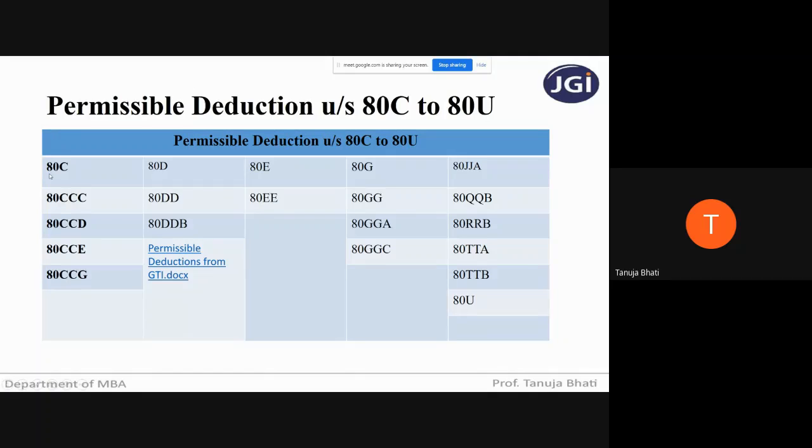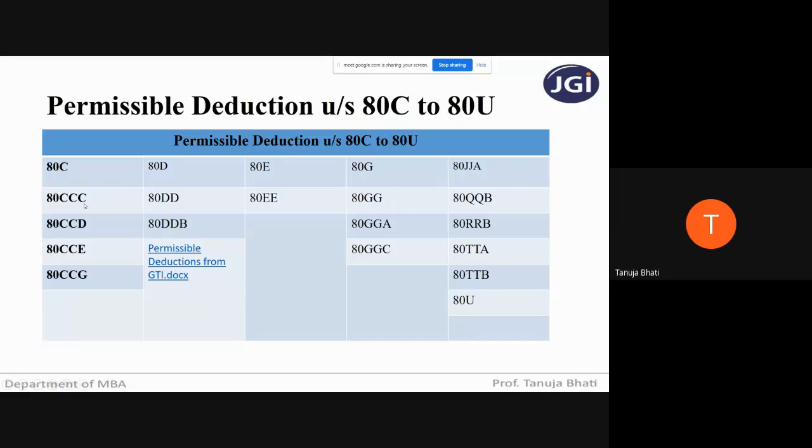If he is paying premium for the life insurance of himself, spouse, children, or if he is repaying the house loan, or if he is paying tuition fees of his children, you get deduction under section 80C.